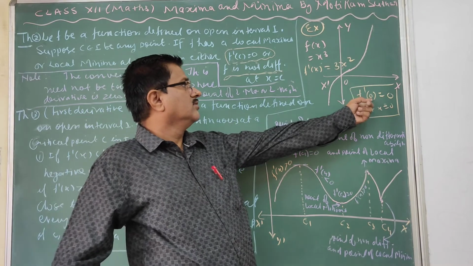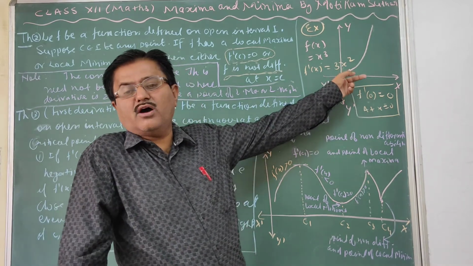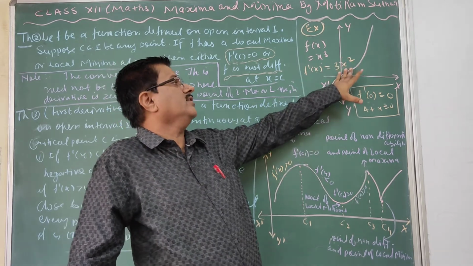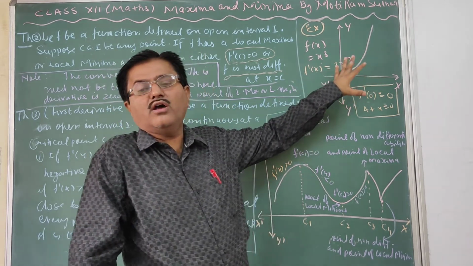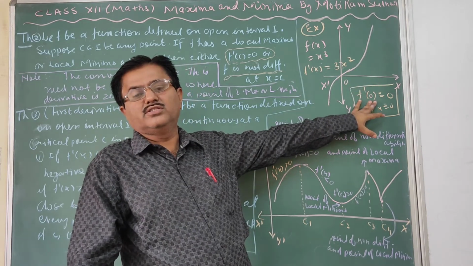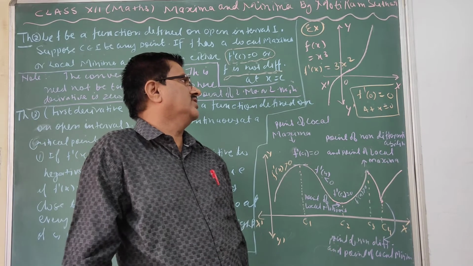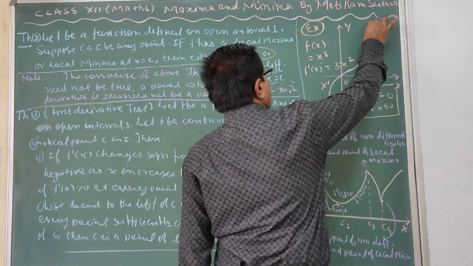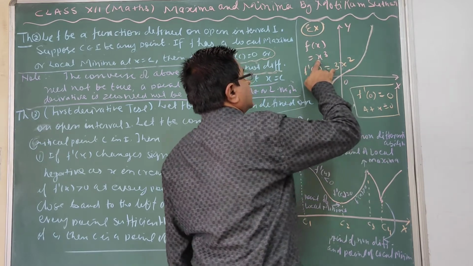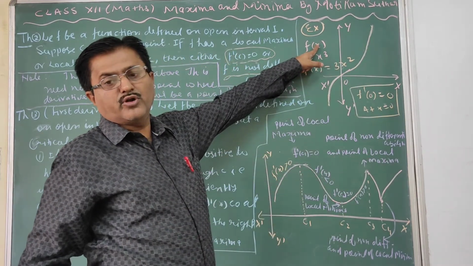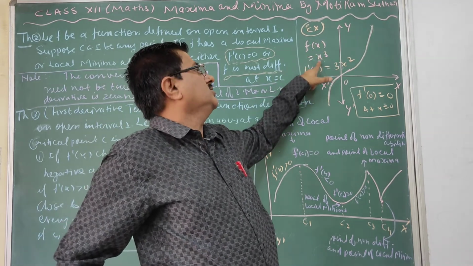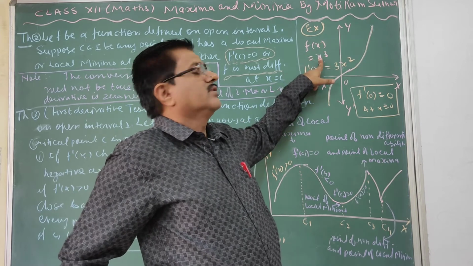Then does this function have a maxima or minima? You have to check whether this function has a maximum value or minimum value when its derivative is 0. As you can see by observation of this graph, if you put x as 1, then y will be 1; x 2, y 8; x 3, y 27; x 5, then 125.